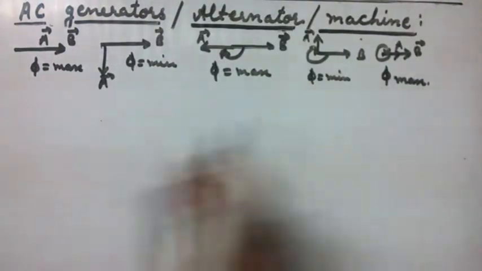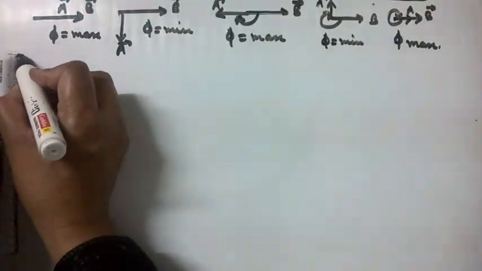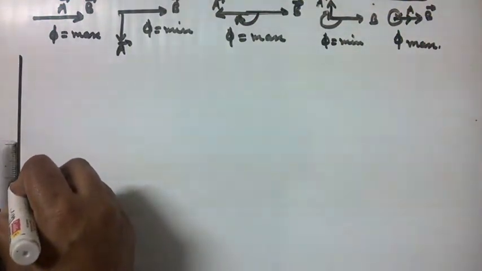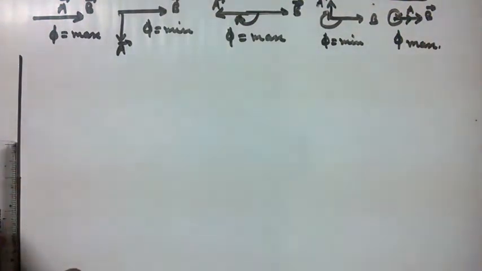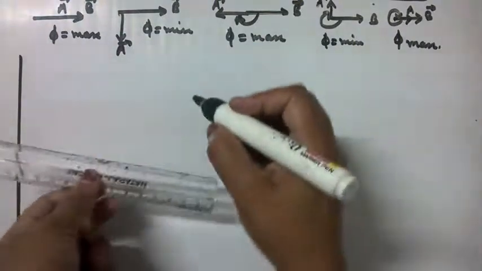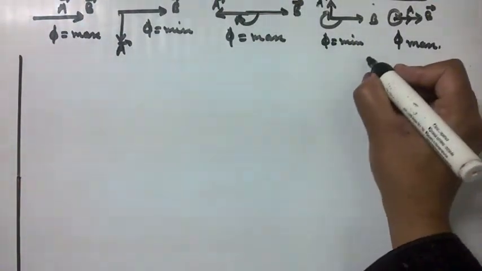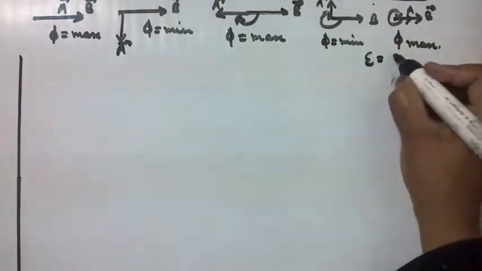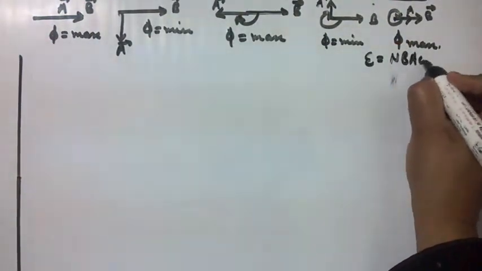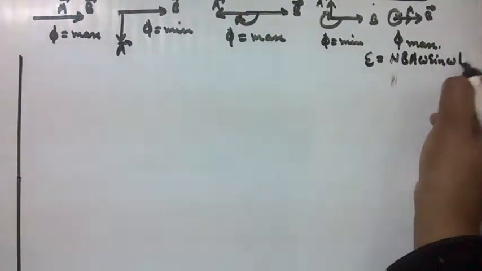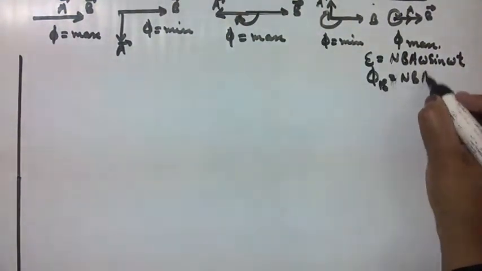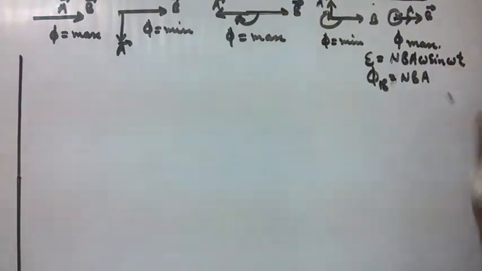And let's draw the graph of induced EMF and magnetic flux with time, as the equation of induced EMF is E equal to EM, that is NBA omega sin omega t, and magnetic flux is NBA cos omega t.